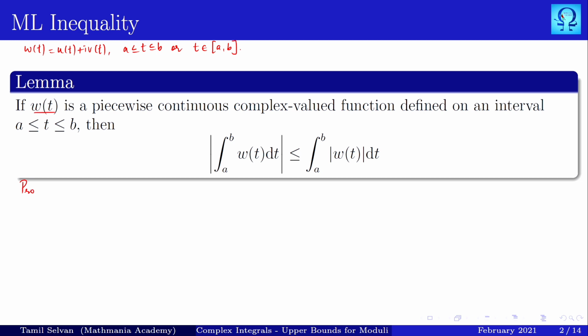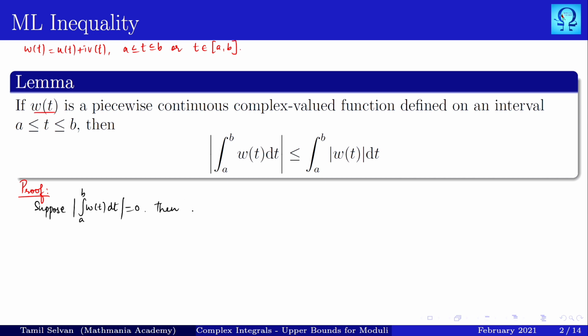Let us get into the proof. For proving this, first let me assume the case when the value on the left is 0, that is, suppose the integral from a to b of w of t dt is 0.